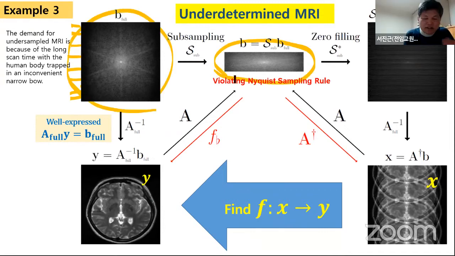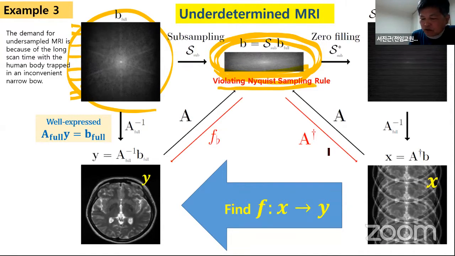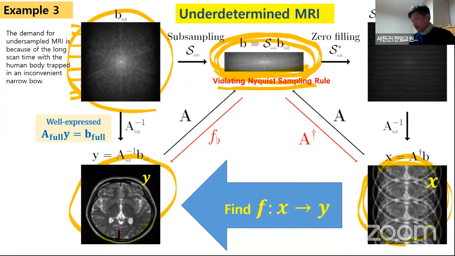People are working on random sampling, but let us do uniform sampling in these cases. In order to reduce the sampling time, you violate the Nyquist sampling rate. Then if we take the pseudo inverse of the uniform subsampling, you have this type of wrapped image. Then from this, can you get this one? That's the question. That's the undersampled MRI.